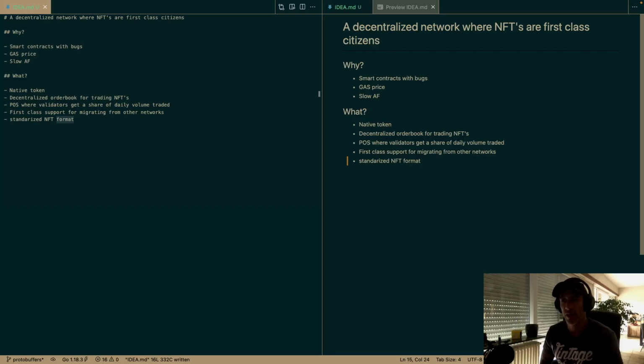Just a decentralized network built on our own native blockchain, which we're already doing, where the NFTs are the first class citizens, where each transaction, where the blockchain completely understands what an NFT is, completely understands how it's going to be traded and how it's going to be handled across addresses and things.